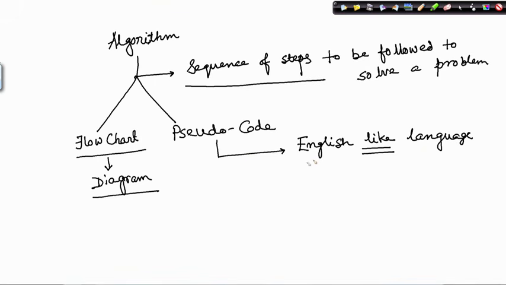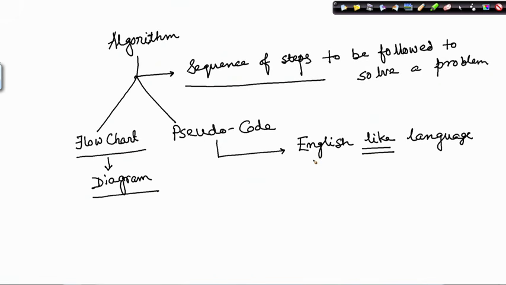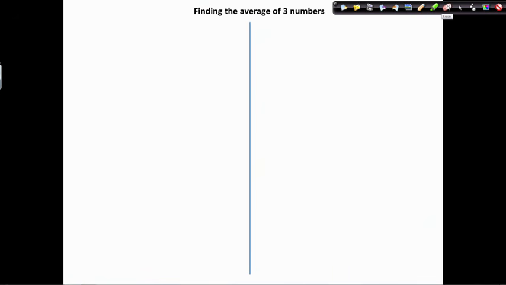Okay. Now, we will show both the flow chart and pseudocode with respect to some of the problems that we had discussed earlier. So, let us start with this, finding the average of three numbers.